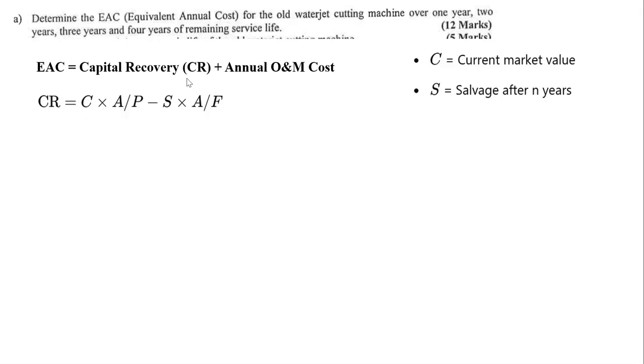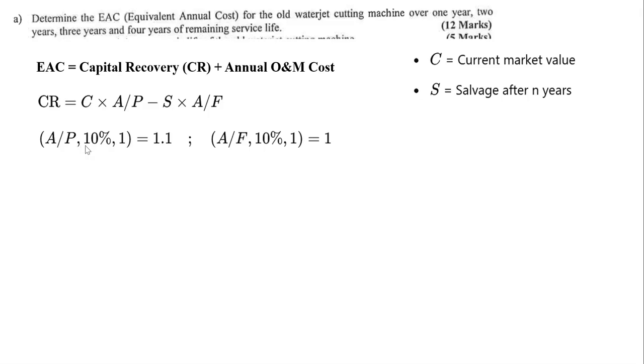So the formula for capital recovery is C times A over P, because something which is happening annually, and the salvage value is S times A over F. So we want to calculate it based on the annual. C times A over P, because P is present, salvage is something for future. As we want to have it annually, it would be S times A over F.